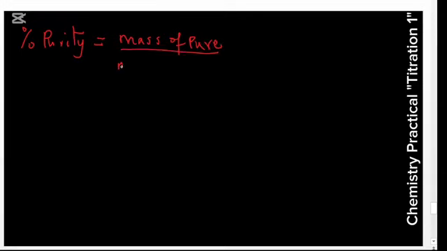We also have the formula for percentage purity. Percentage purity equals mass of pure over mass of impure times 100. So this is equation 7.